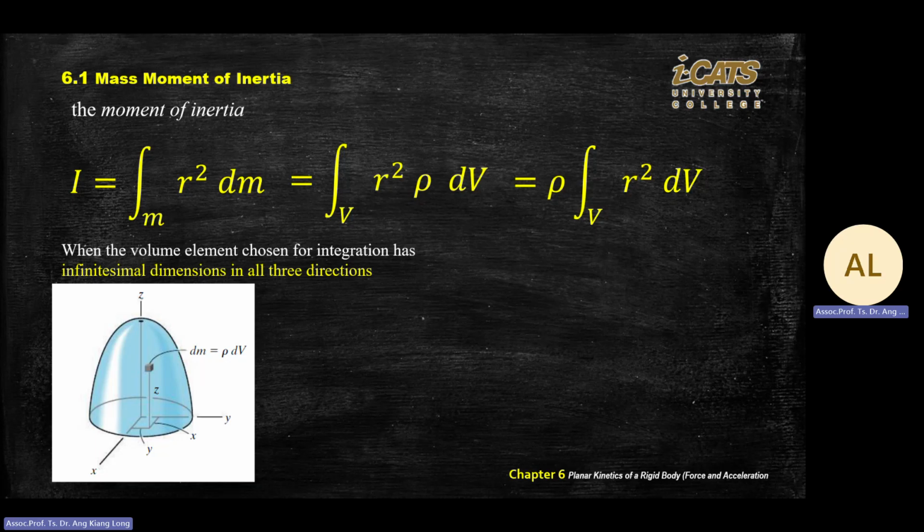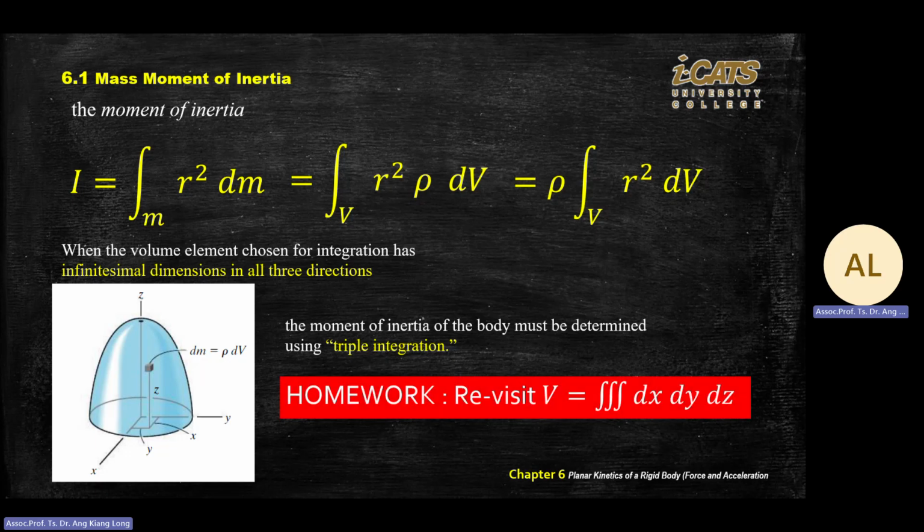It's just that the shape is a bit interesting. This is just to highlight that your volume is in 3 dimensions, x, y, z. So you need to know how to integrate three times over x, y, z. Your volume needs to be converted into this. You need to calculate the volume first, then you substitute inside there.